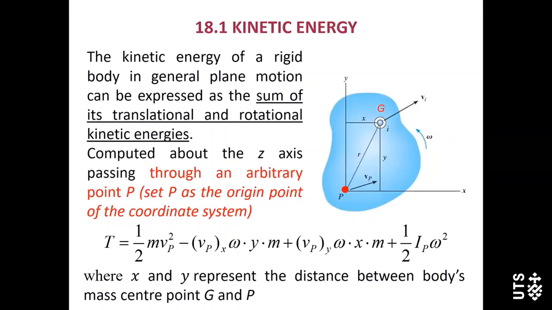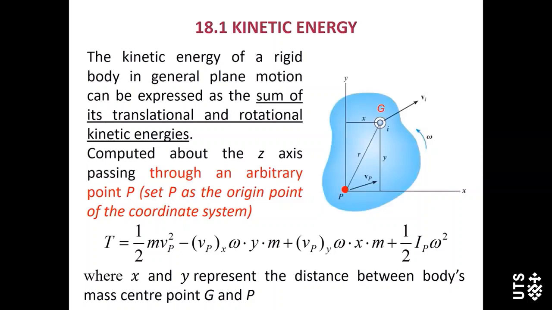In previous study, we know general plane motion is the combination of translation and rotation. The kinetic energy of a rigid body in general plane motion is equal to the sum of its translational kinetic energy and rotational kinetic energy.